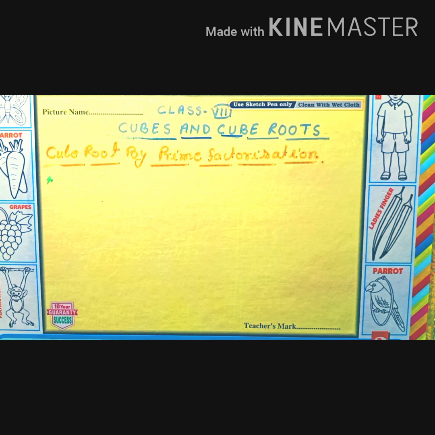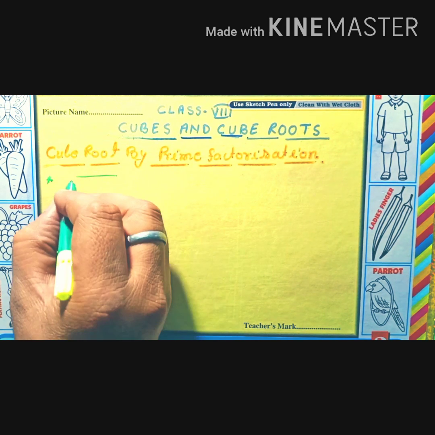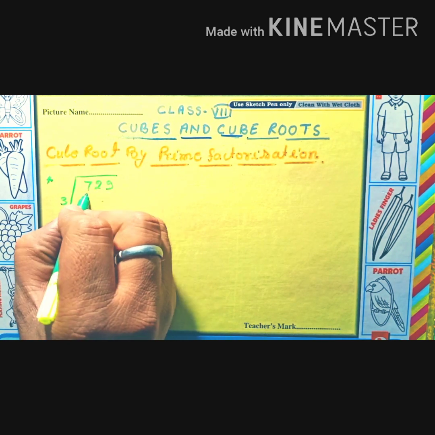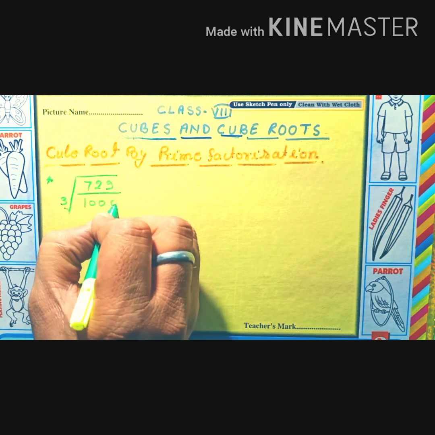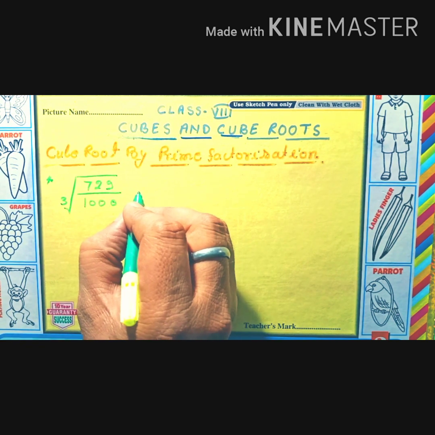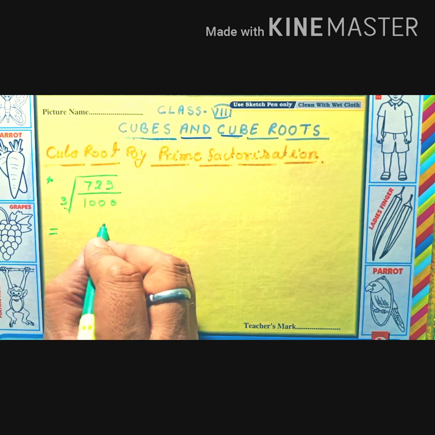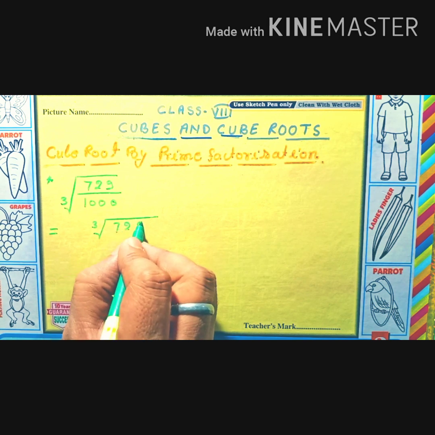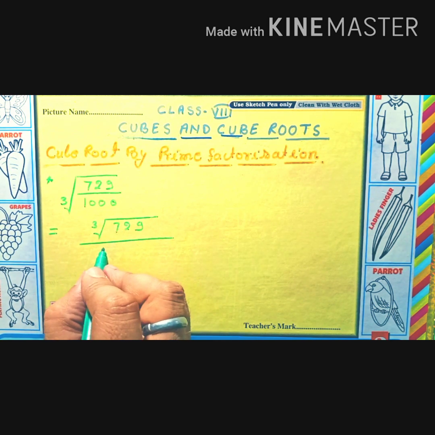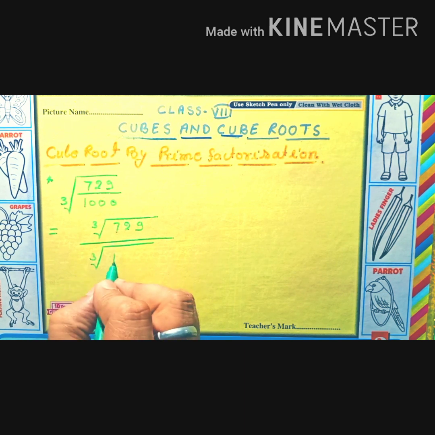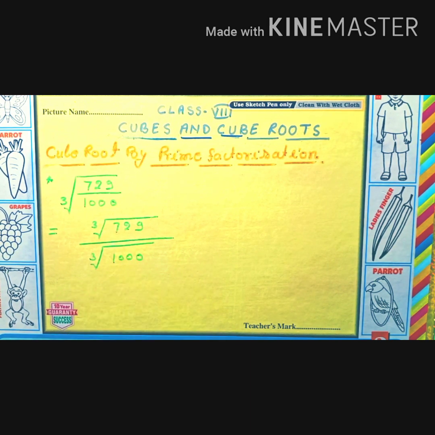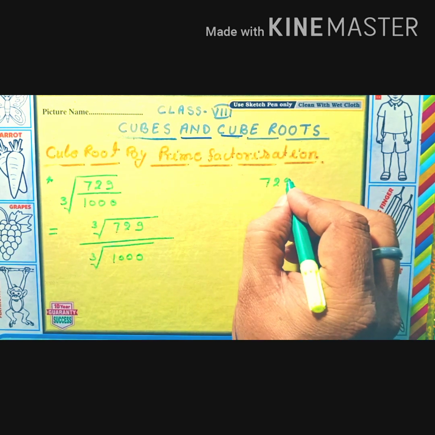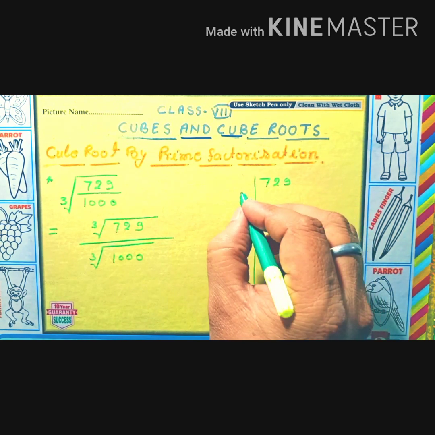Now next, find the cube root of 729 by 1000. Now this value is written as cube root of 729 by cube root of 1000. Now first calculate the value of 729 by prime factorization method.